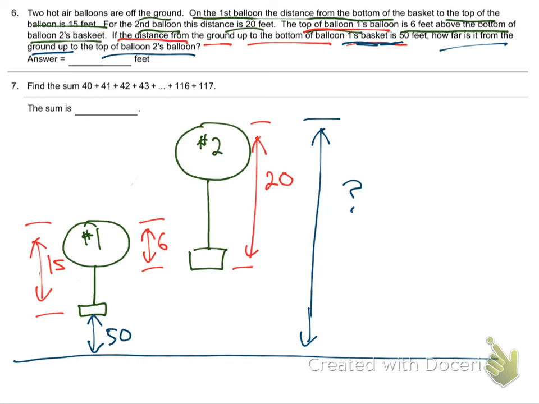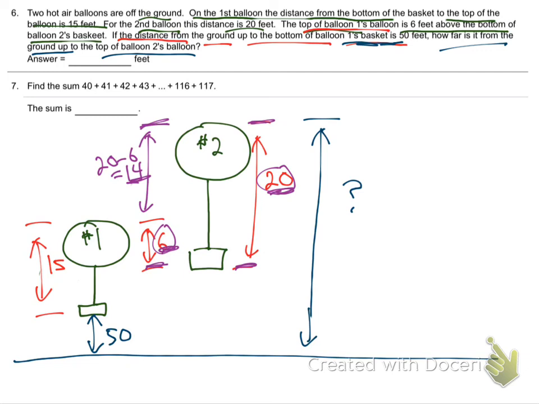Well, so see how I had to keep fiddling with that picture until it fit all the words correctly. All right, well, what could we do? If we could figure out how far from there to there, right? Because it would be 20, take away 6, 14. So this is 14 and 6 to make 20 total from that level to that level, right? Okay.